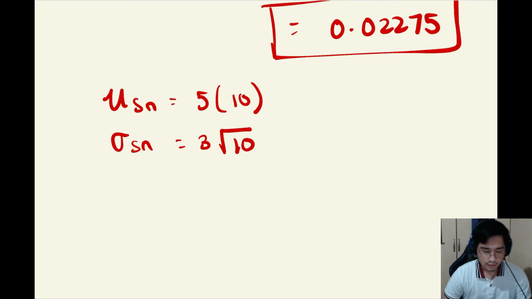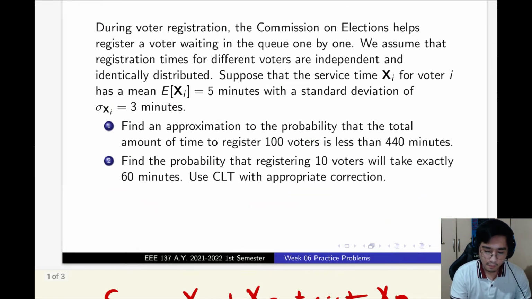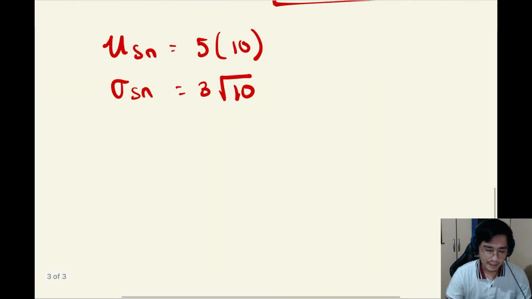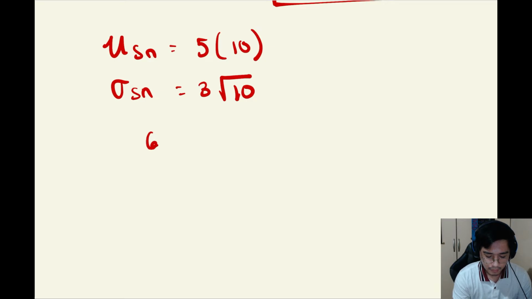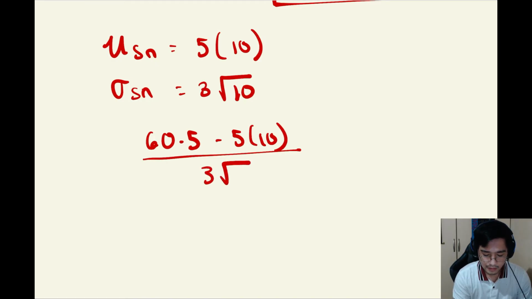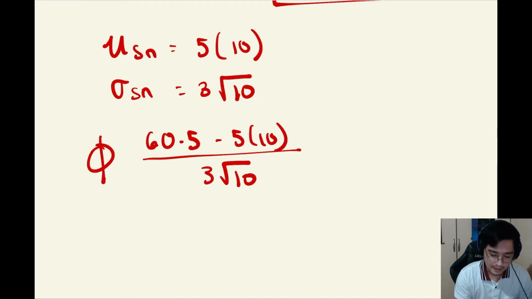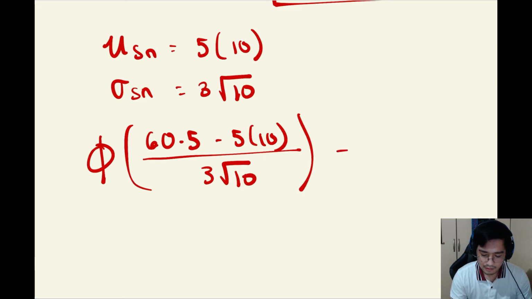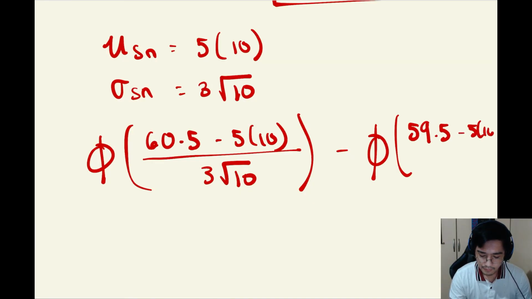If we want to get the approximate probability that it will take exactly 60 minutes, we take the probability at (60.5 minus 5 times 10) over 3 square root of 10, and also the probability at (59.5 minus 5 times 10) over 3 square root of 10.